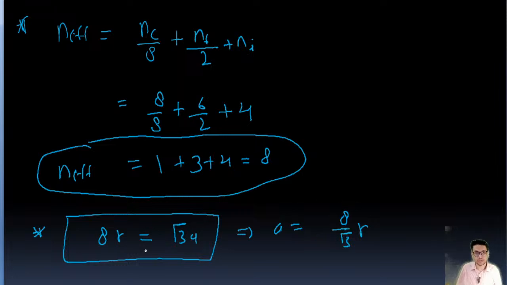This is important, we need to know. This is the relation between the radius of the atom and the side of the diamond cubic structure, okay. These are very important points, guys, and they are asked in the examination, so you need to note them down and learn them, okay.